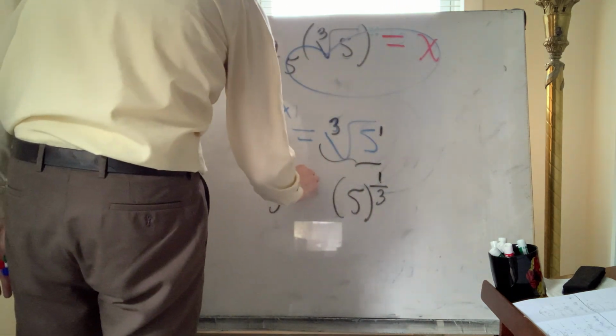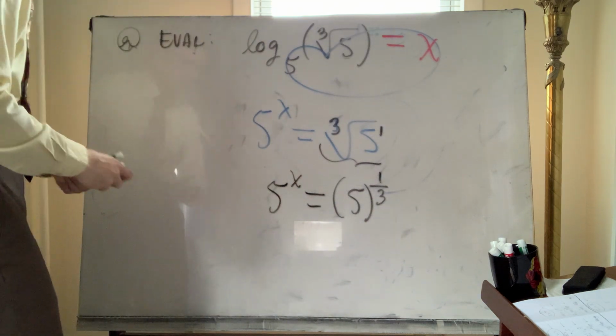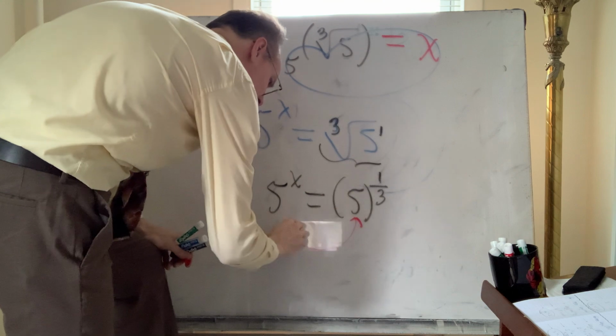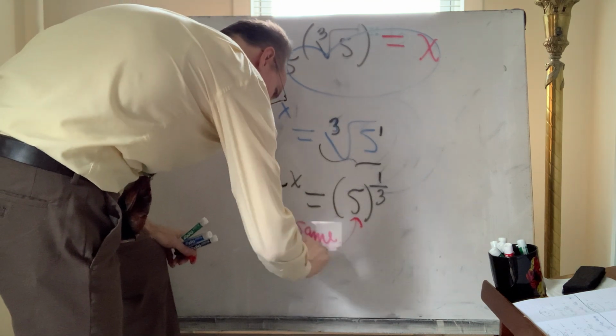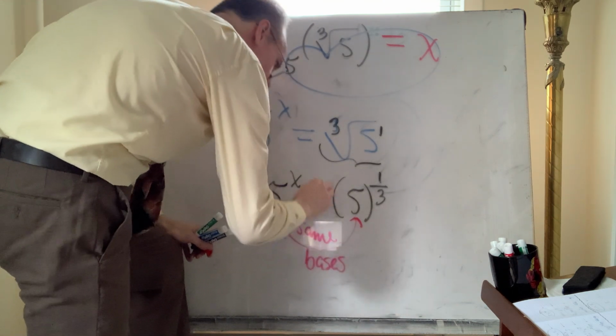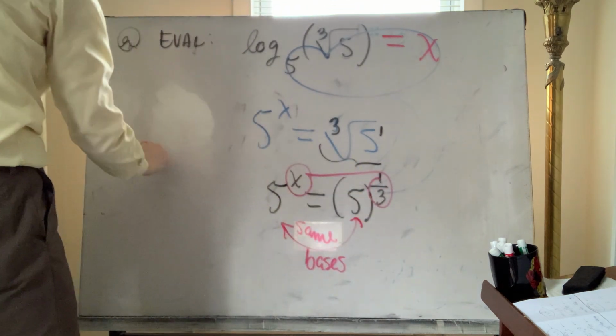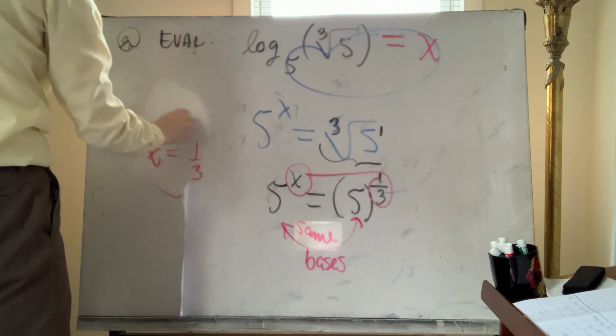And in this case, this is what's interesting. These are the same bases. So if they're the same bases, what would have to be true about the exponents? They would have to be equal. So in this case, x is 1/3.